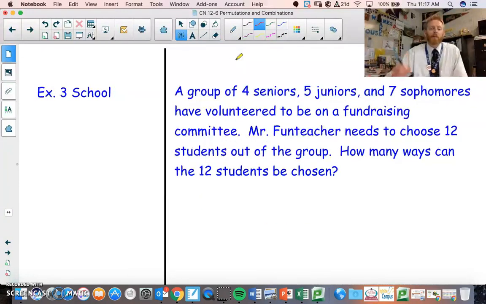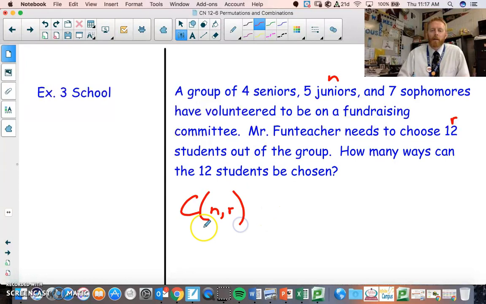So here's our first example. A group of 4 seniors, 5 juniors, 7 sophomores volunteer. Mr. Fun Teacher needs 12. So 12 is my r, and all of the choices that we have would be my n. So I'm going to have my combination of n comma r, my combination of, see, 4 plus 5 plus 7, was that 16?